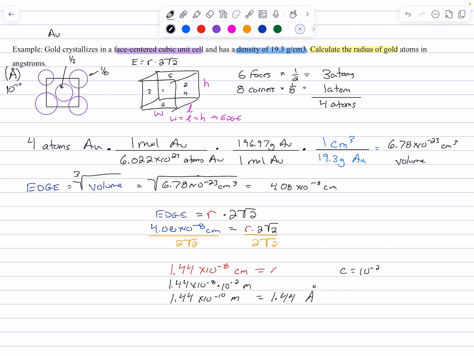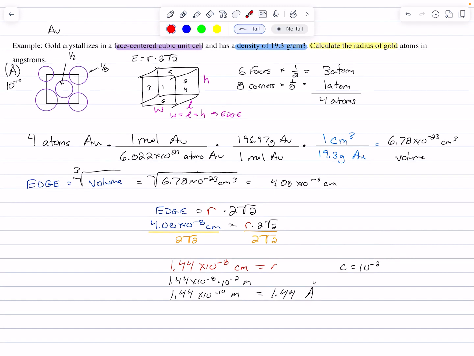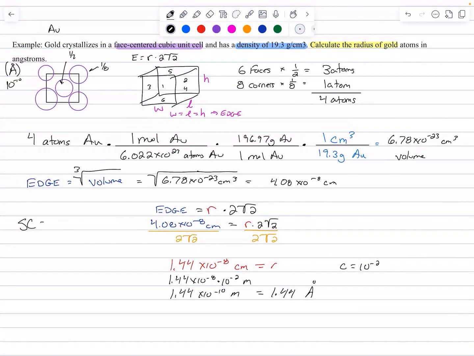So what did we do to recap? We found out how many atoms are in a cell. And just so we know, simple cubic is 1, body-centered cubic is 2, and face-centered cubic is 4. But you can always calculate it because of the shape and where they are.